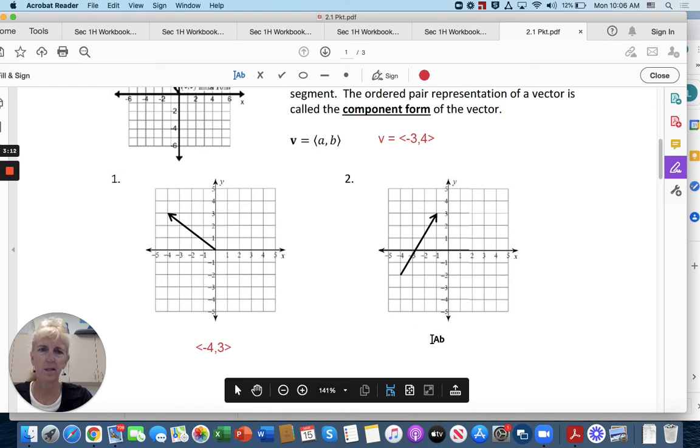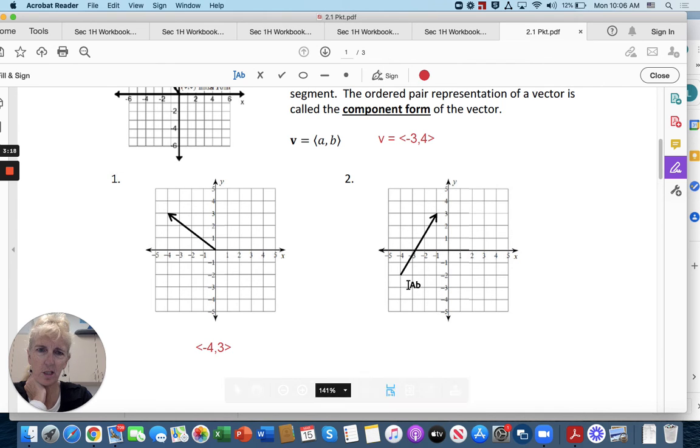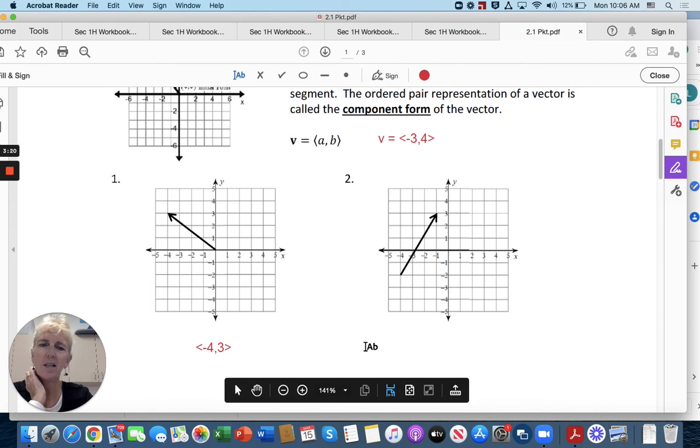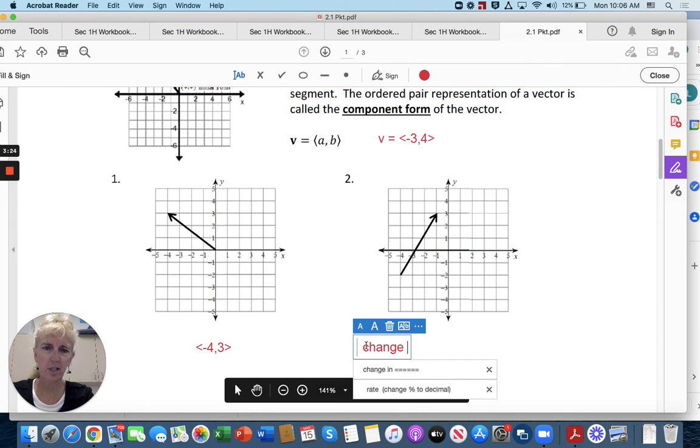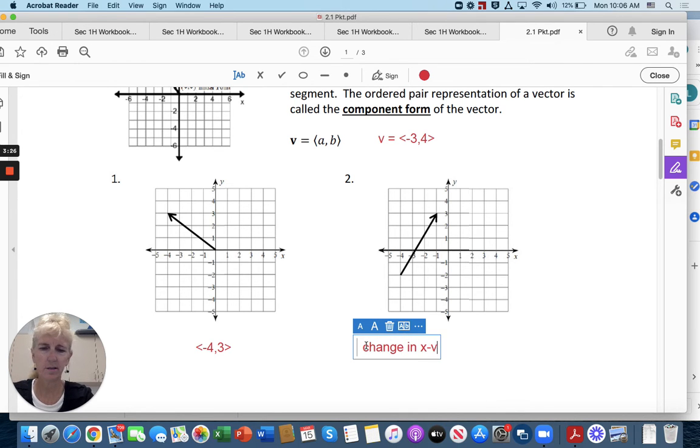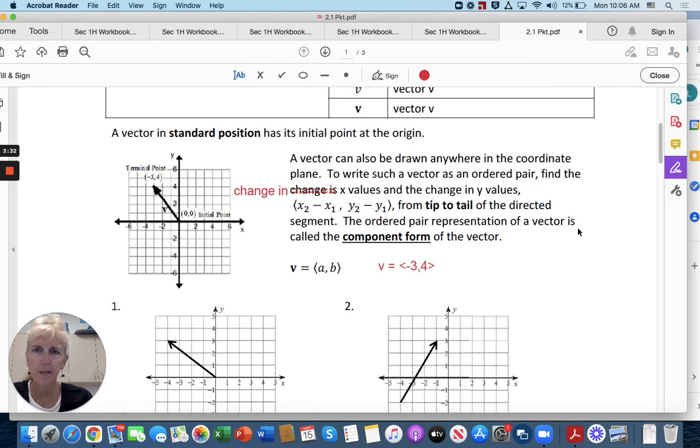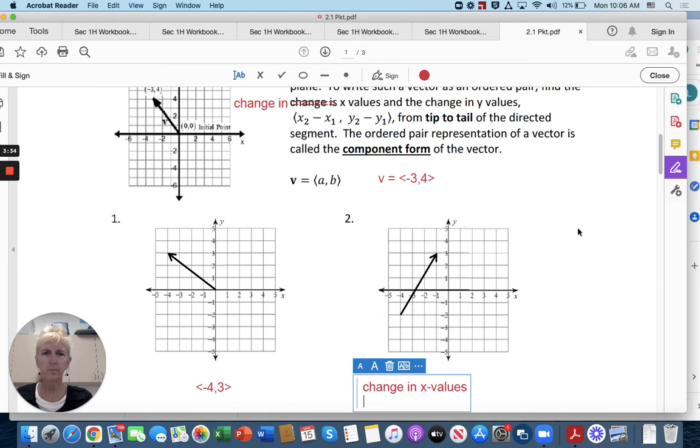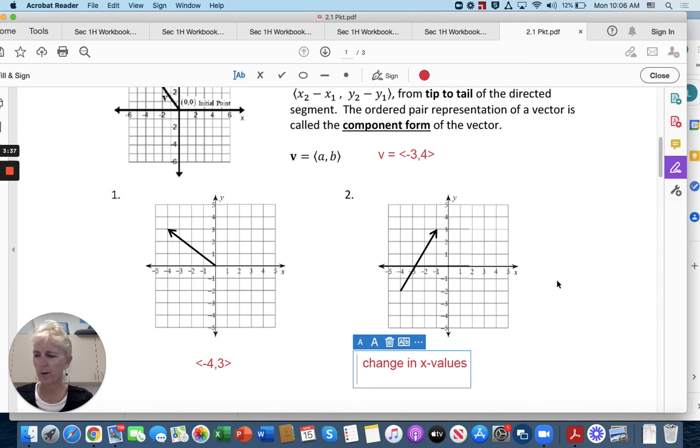Okay? So this one is more challenging because it doesn't start at 0, 0. It starts clear over here. So we have to find the change in y. Actually, it's the change in the x values. Okay, so we have the x values here, and we begin with our x1, y1, and that is going to be at -4, -2.